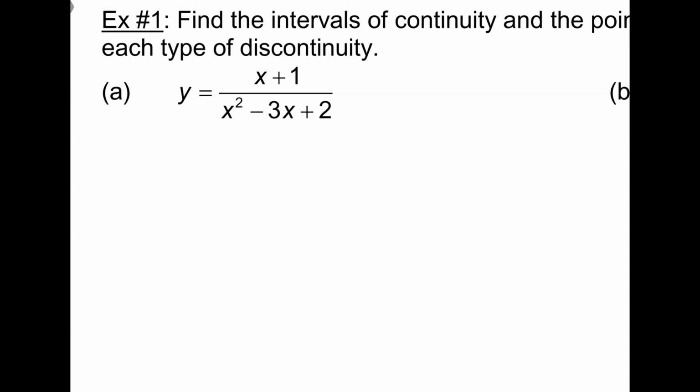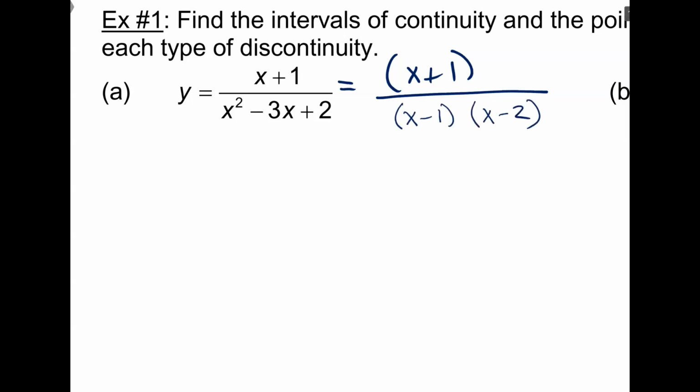If I factor this out, this is the same thing as x plus 1 over, what multiplies to 2 and adds to negative 3? That's just x minus 1 and x minus 2. So nothing cancels out. Whatever's left here, I'll have two vertical asymptotes. Those tell me that x cannot equal 1 and x cannot equal 2.